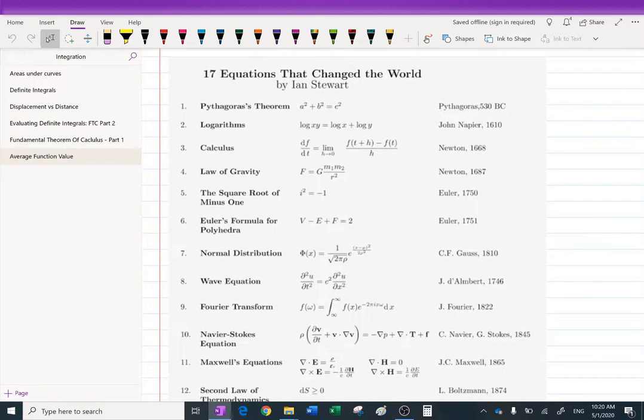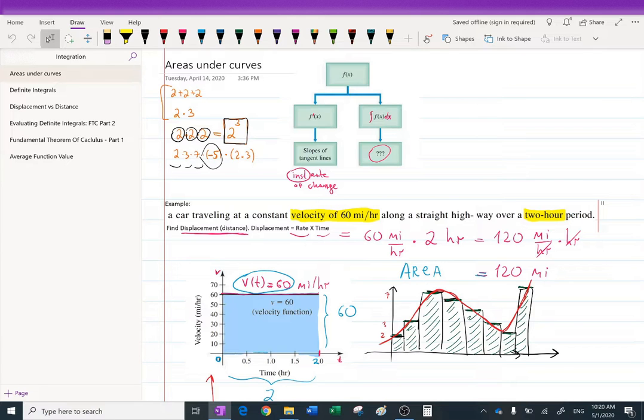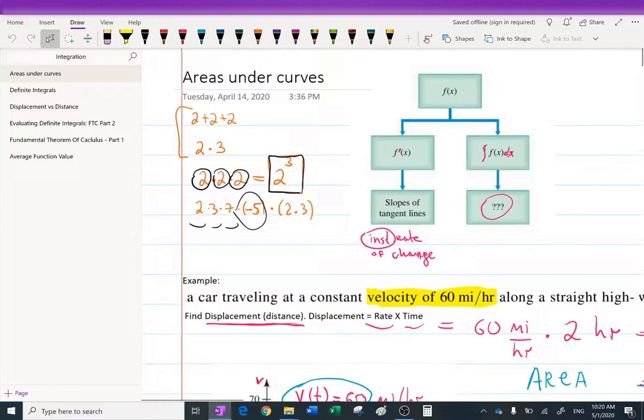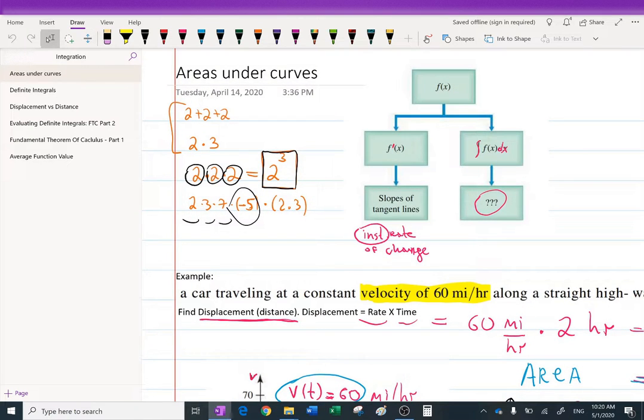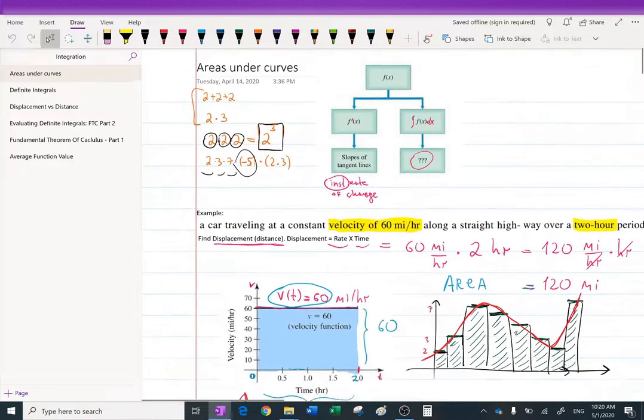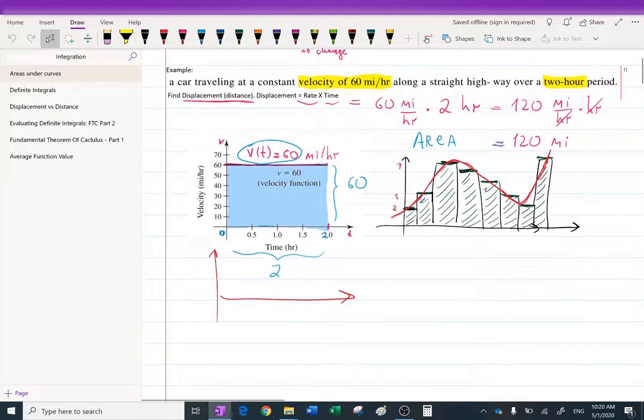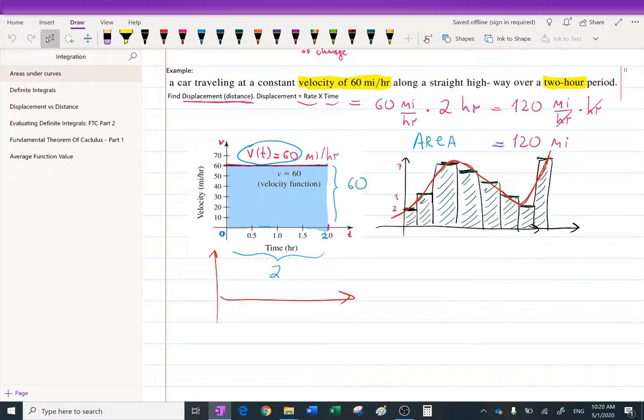Finally, integration started, if you remember, with areas under curves. And we ask you, do you know what's the idea of the integral? So the derivative was the slope of the tangent line, instantaneous rate of change, and so on. But undoing all of this actually has so many applications, and your goal is to know it's not just about the area below the graph.